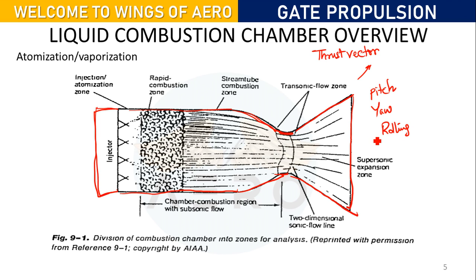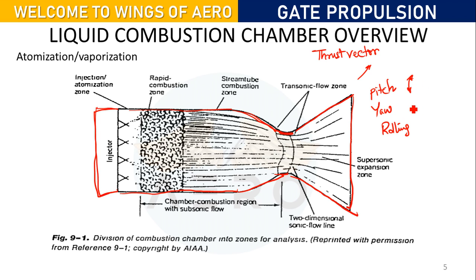So accordingly we can make the pitching, yawing, and rolling movement. Just like in space, apart from the fins and aerodynamic bodies, using the nozzle they can also perform pitch, yaw, and roll. Pitch helps to create nose up and down, right?